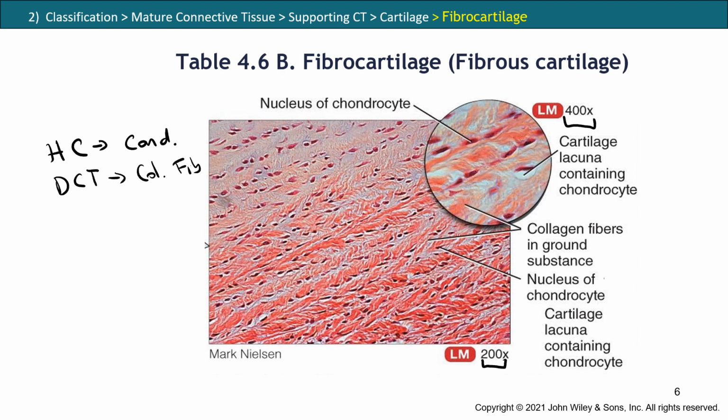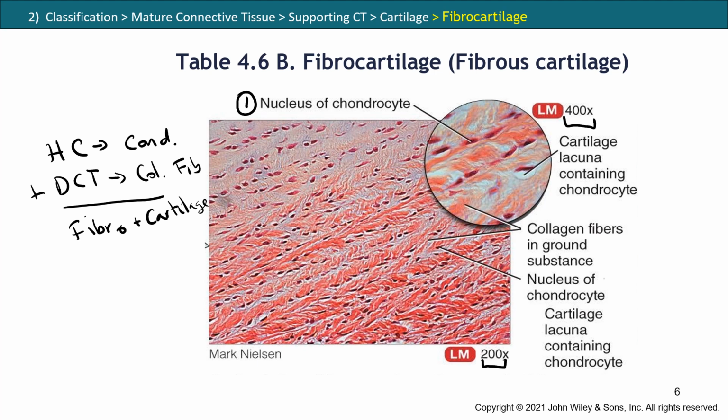You add those together and you get this fibrocartilage. I'm not saying that this is how it's made. I'm just saying that the appearance is like the combination of both. So let's go through that, so it's easier to explain.